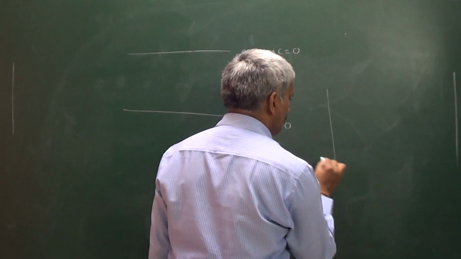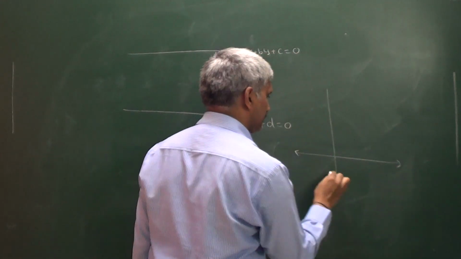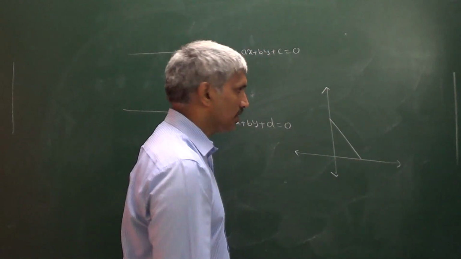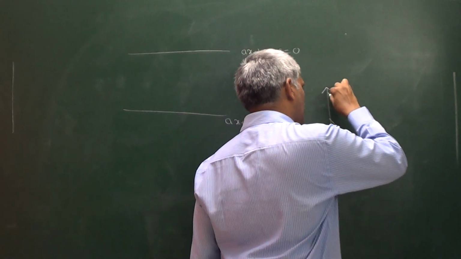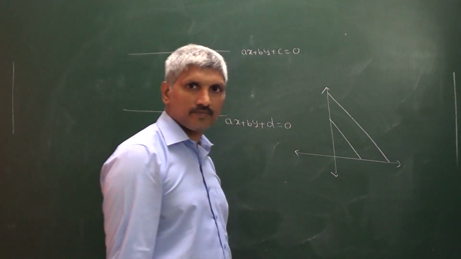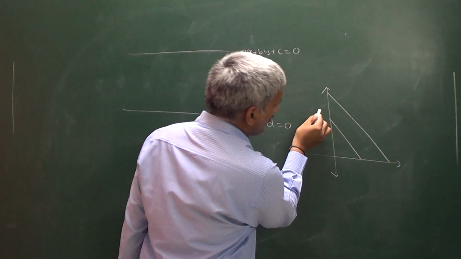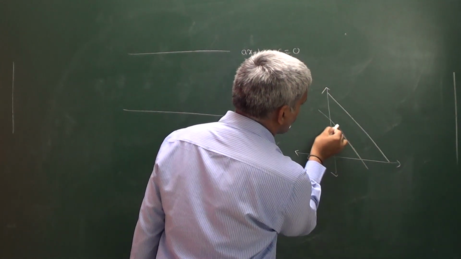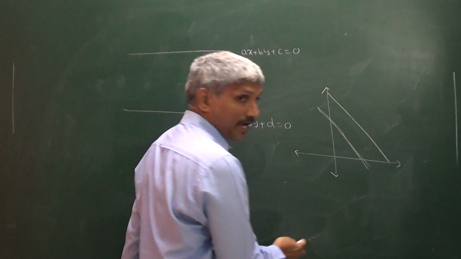Observe here. Just imagine this is one line and this is another line. Both the lines are parallel lines. We want to find out the distance between these two parallel lines.